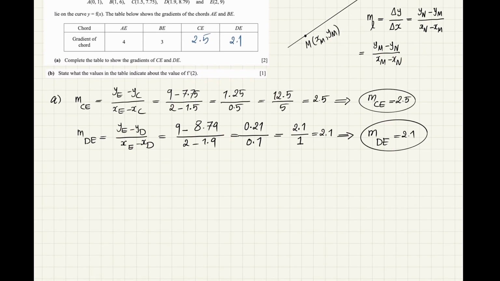To motivate how to answer this question, I think it's better to draw a figure, but of course this figure might be far away from what the real graph is, because I don't have enough information to draw the graph in full detail. But just for illustrative purposes, let me assume that this is the graph of my function.